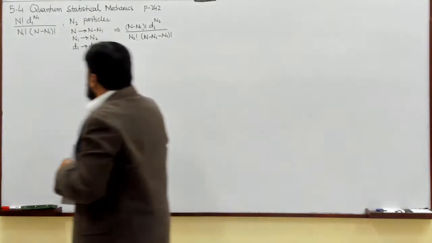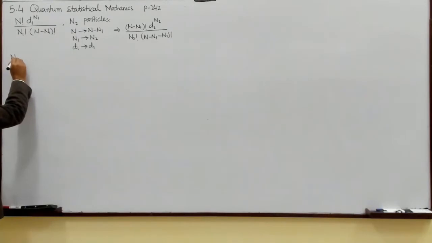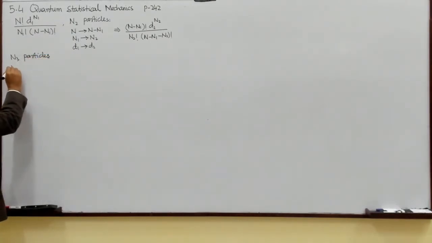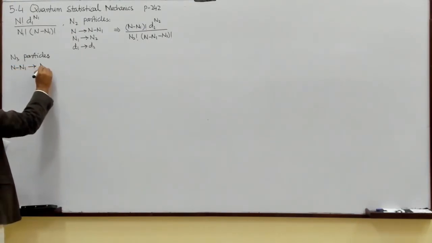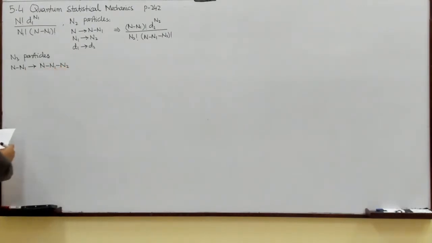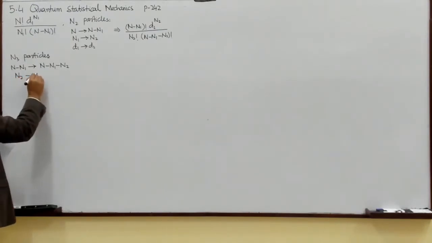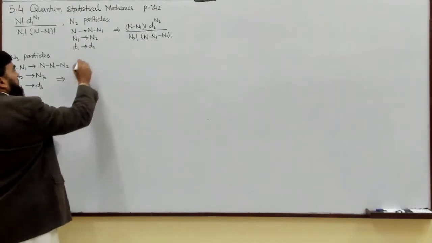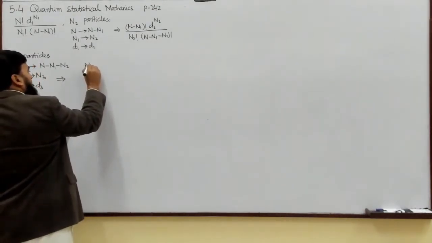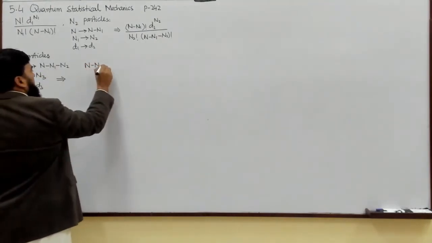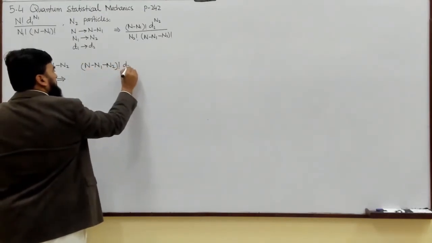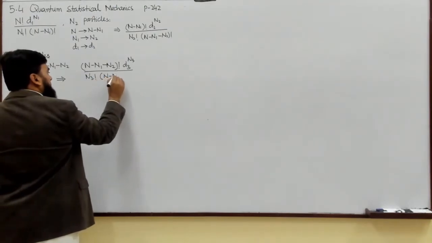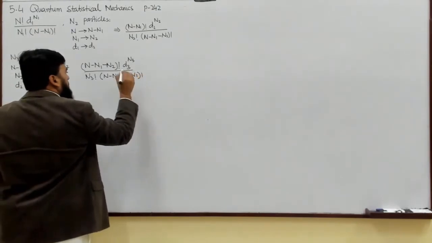Similarly, when we will do for a 3 particles pick, like when I pick in 3 particles, so what will happen? n minus n1 will go to n minus n1 minus n2, and n2 will go to n3, d2 will go to d3, and this implies that the relation will become n minus n1 will be replaced by minus n2 factorial d3 to the power n3 divided by n3 factorial and n minus n1 minus n2 minus n3 whole factorial.